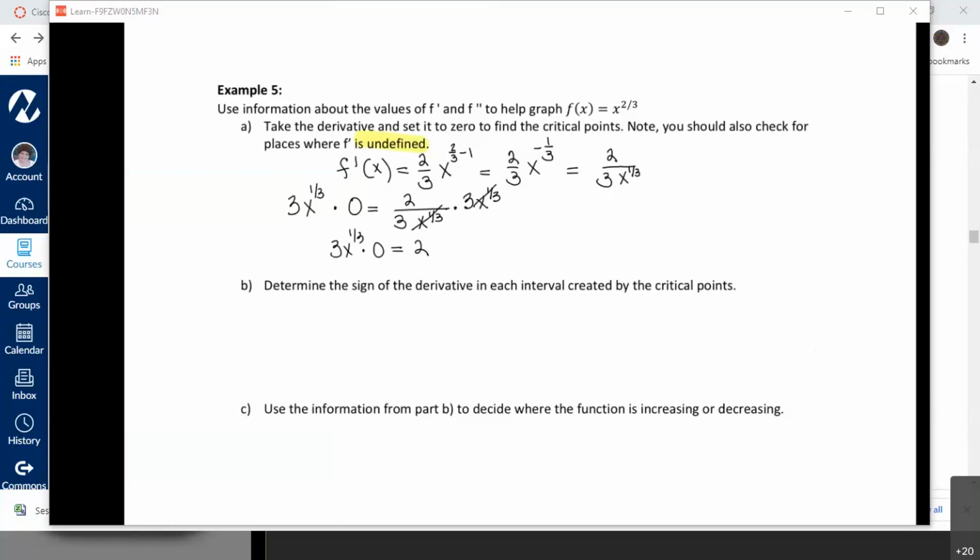Everybody all right with that? Everybody comfortable with that? Okay, what's the value of the left-hand side of that equation?